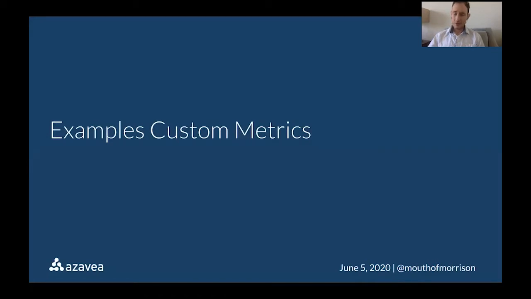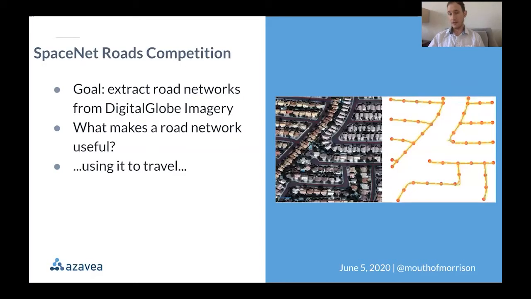But my actual favorite metric that I've ever seen used is no particular metric. It's a custom metric that was purpose-built to align the incentives of the model with the incentives of the problem that was trying to be solved. So a great example of this is the SpaceNet competitions, data science competitions put on by a group called CosmiQ Works.